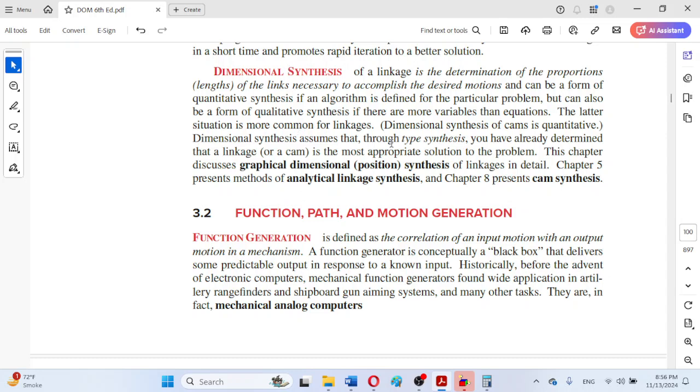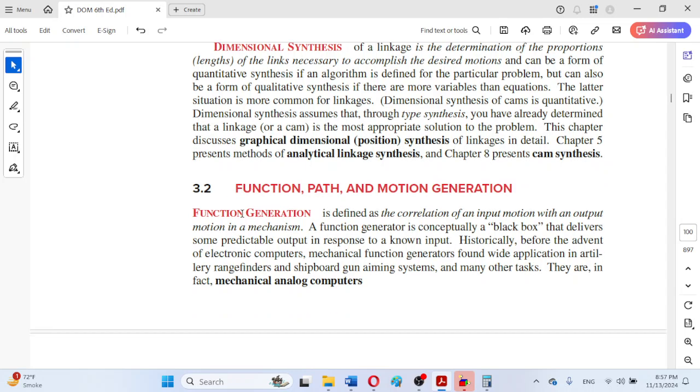In this chapter, the synthesis process is given graphically, meaning with the help of a pencil, scale and geometry box you can perform the dimensional synthesis, or draw the links on a paper or drawing sheet, and from there you can measure the sizes or proportions of the links. Article 3.2 is important, that states the function, path and motion generation.